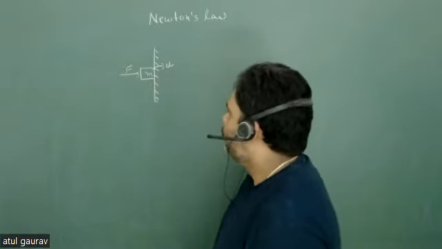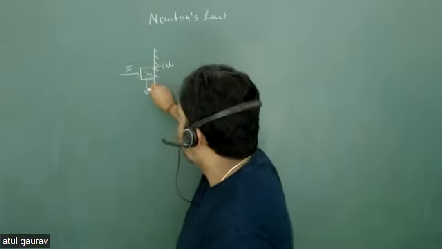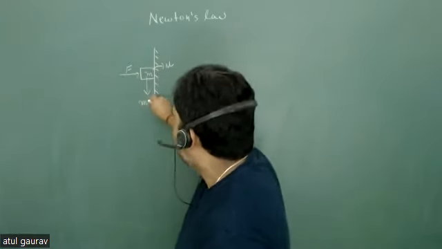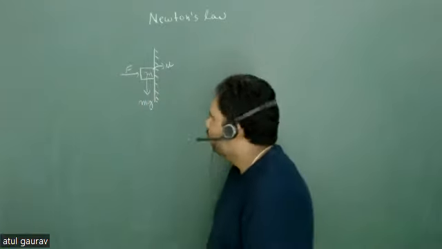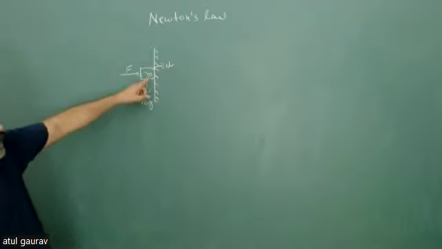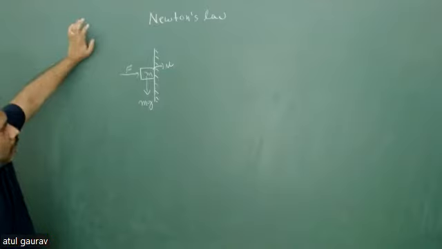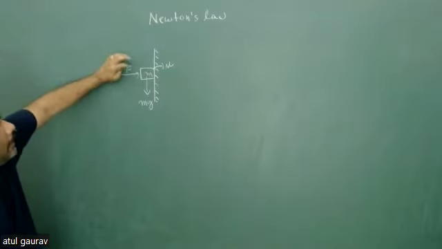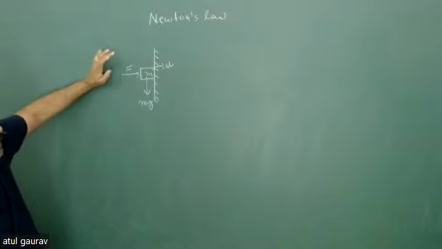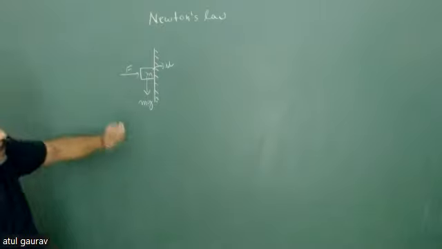So let me give you first the free body diagram. What will be the weight associated with this particular mass? That will be mg. Now just tell me, what will be the direction of the frictional force? If there is not any friction, then this block is bound to go downward, isn't it?